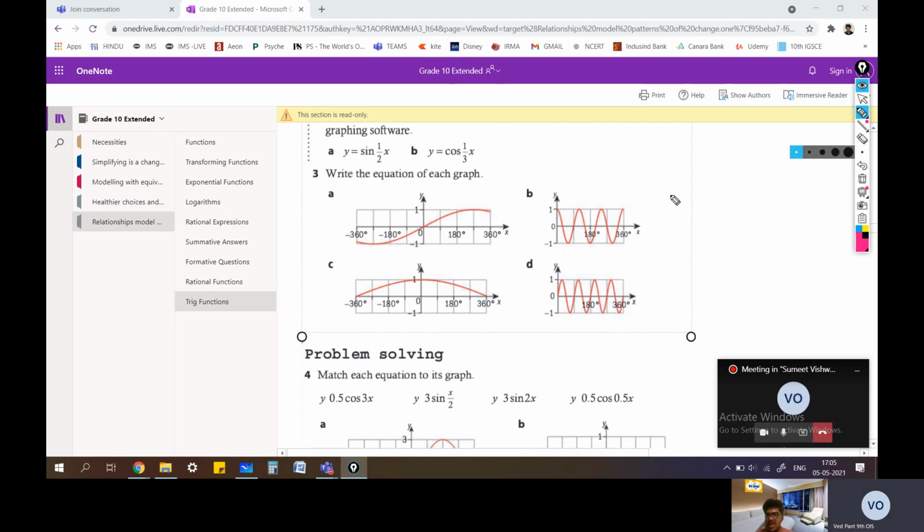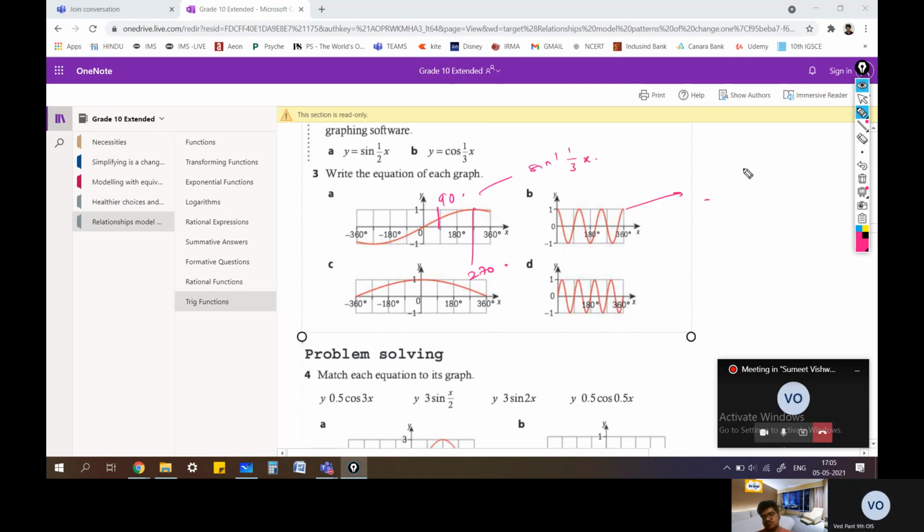Because the peak of a regular sine function, just sine x, is at 90. But here it's 270, so it will be sine 1 by 3x. Sine 1/3x.